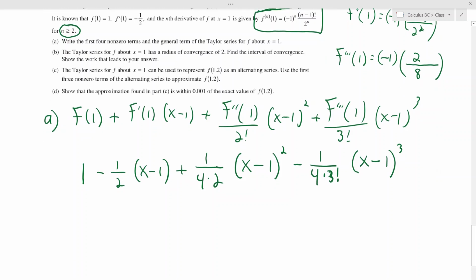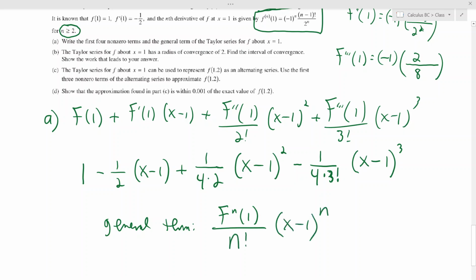But I know that the general term for any Taylor series is the nth derivative at the center, which is 1, over the factorial times x minus 1 to the n. Okay, so if I can't find the pattern, they're going to make you do this several ways. Usually, you got 45 minutes this year, so maybe not. But they want you to be able to notice a pattern in the numbers.